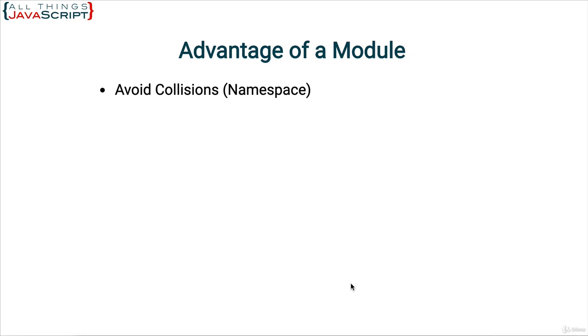And so the idea of avoiding collisions is avoiding the creation of variables that could collide with a variable of the same name that someone else has created in that same space. So creating a module helps to avoid those problems so that we can use any variable we want in our code, and we don't have to worry about whether that variable is unique enough or not.